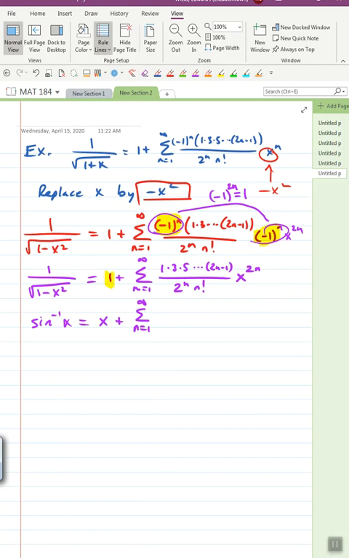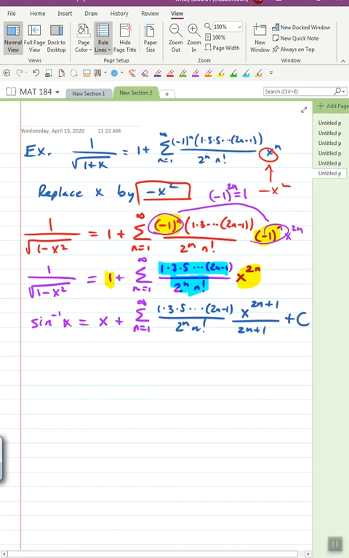And of course the only part that actually gets touched is the x part. This part right here just carries down. That means when I integrate, I'm going to have 1 times 3 times 5 up through 2n minus 1 over 2 to the n factorial, x to the 2n plus 1 over 2n plus 1, plus c. Don't forget the plus c.